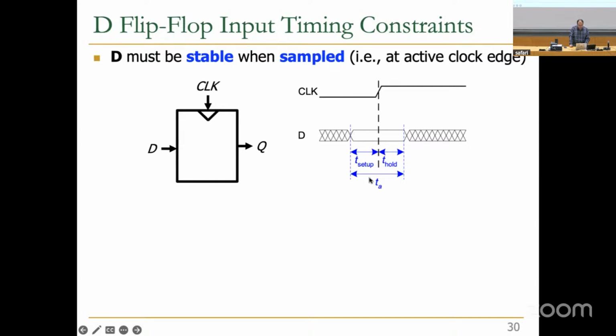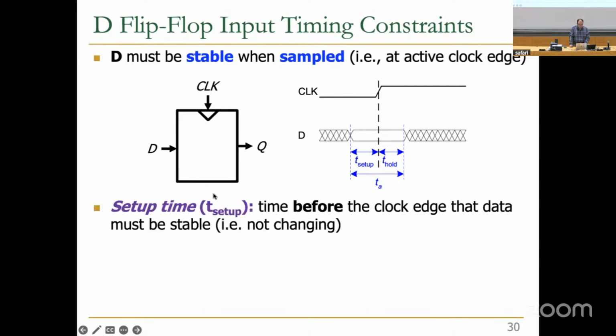Essentially, in order to be sampled reliably, your data should be stable from this amount of time before the rising edge of the clock, which we call setup time. And it should also be stable a bit after the rising edge, which we call hold time. If you don't follow this, you might get into a metastability situation in the D flip-flop, and in the end you don't know what is stored in it.